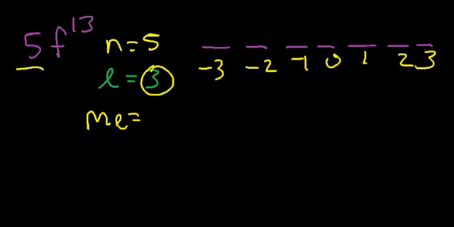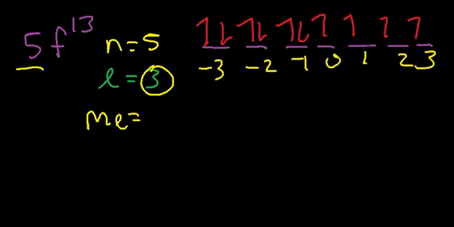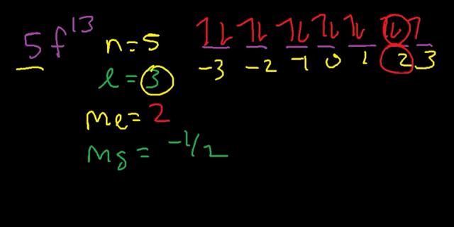So we're interested in the 13th electron. 1, 2, 3, 4, 5, 6, 7, 8, 9, 10, 11, 12, 13. There it is. And it landed in this orbital, so mL is 2. And it's a down arrow, so the electron spin is -1/2. So that's how you could find the 4 quantum numbers given the electron.